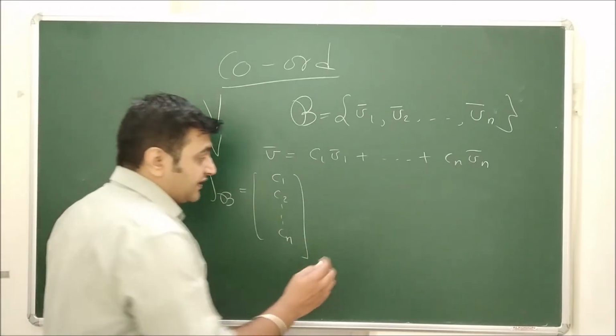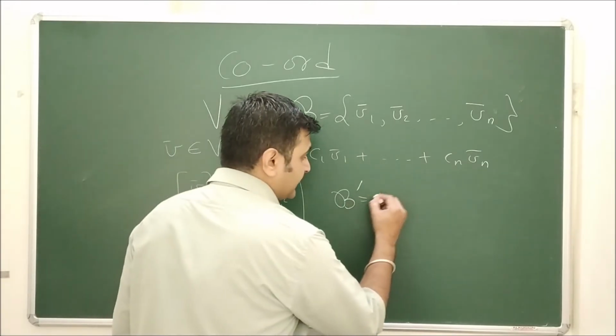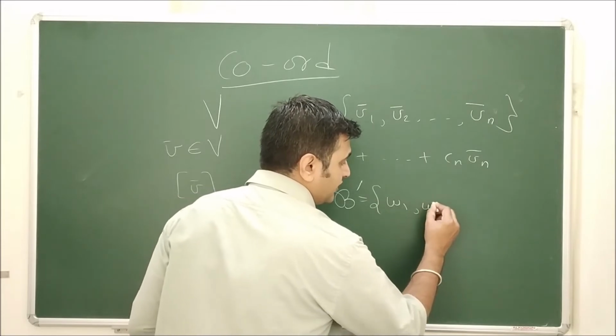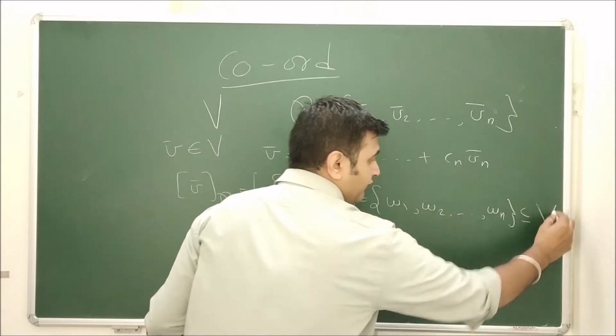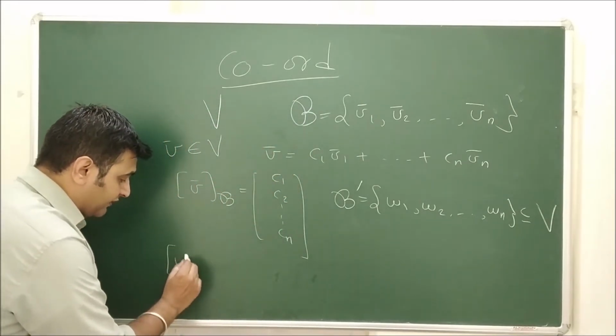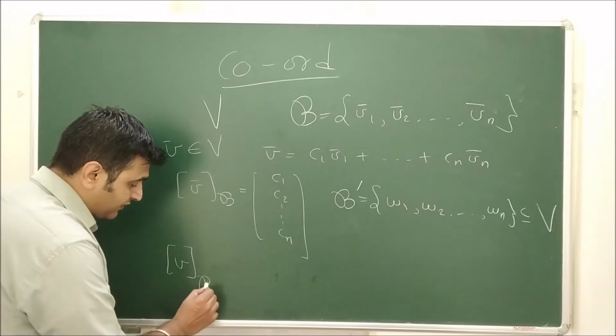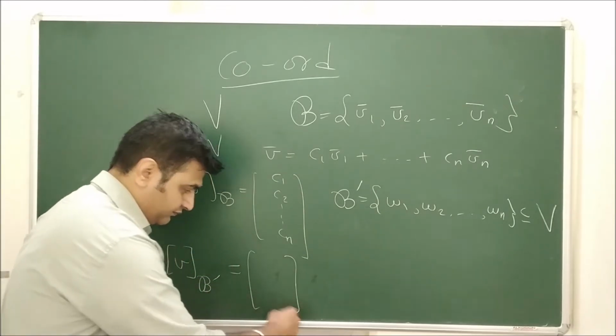Now suppose I give you another basis, say B prime, w1, w2, up to wn. This is again a basis for my vector space V. And now I want to find the coordinate vector of v with respect to the basis B prime. Then how to do this?